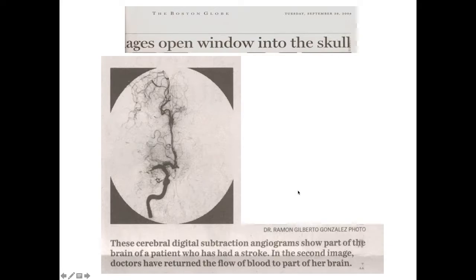So what we're looking at here is an occlusion that's occurring. This one was taken from 2004. I have some more images that I can show you as well, but this is a really dramatic one where we can see an angiogram in which we're monitoring arterial perfusion that feeds up.